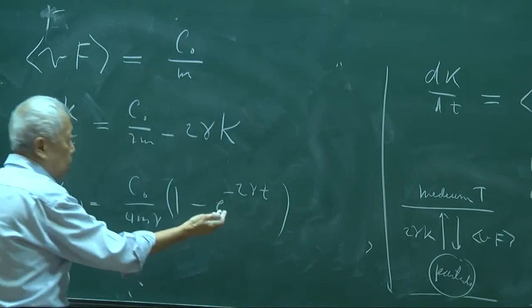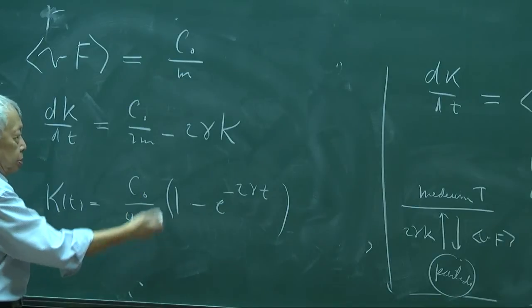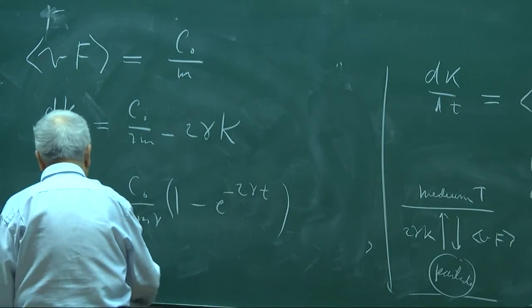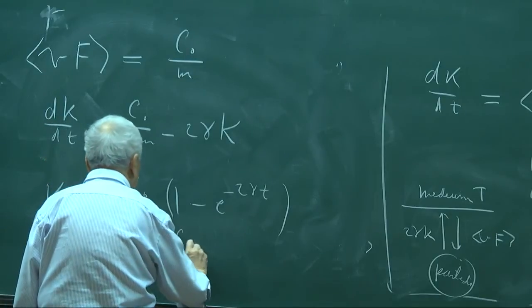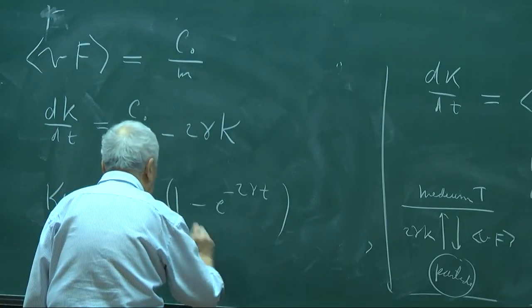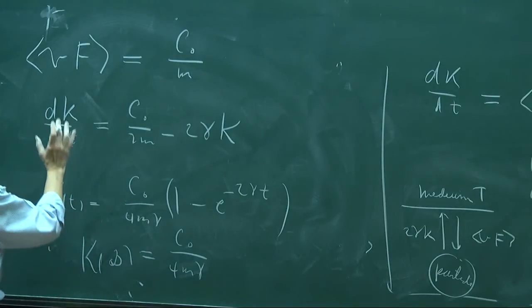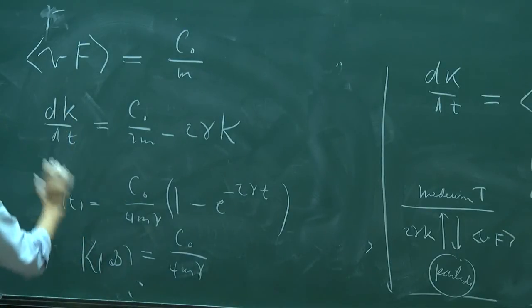As time goes on, this term decays, and this is the term at time infinity. K at infinity is equal to C0 over 4 m gamma. And this is the equilibrium value for it; at infinity this goes to a constant.